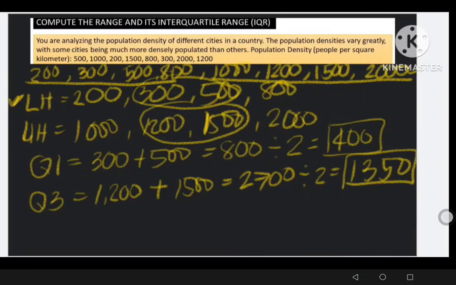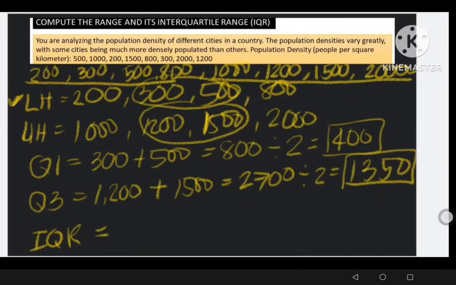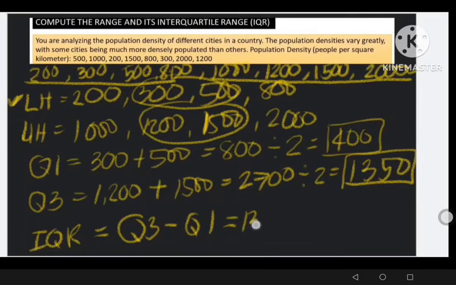Next step, we're going to compute the IQR by subtracting the first quartile from the third quartile. So we have IQR is equal to quartile 3 minus quartile 1, or the first quartile. So we have the result of our Q3 is 1,350 minus our Q1 is 400.